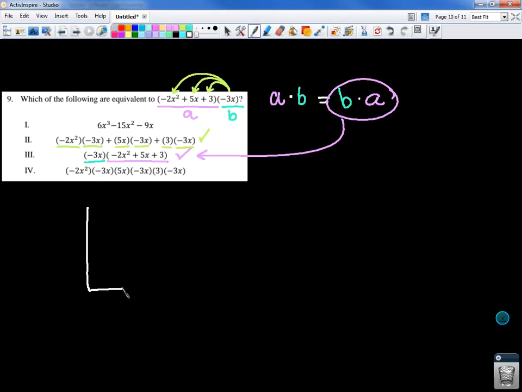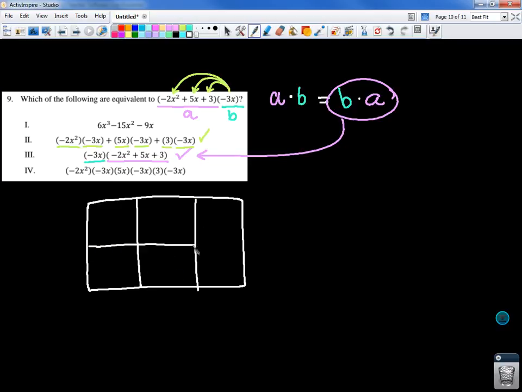So I'm going to use my area model. So I have negative 2x squared plus 5x plus 3, and that's times negative 3x.